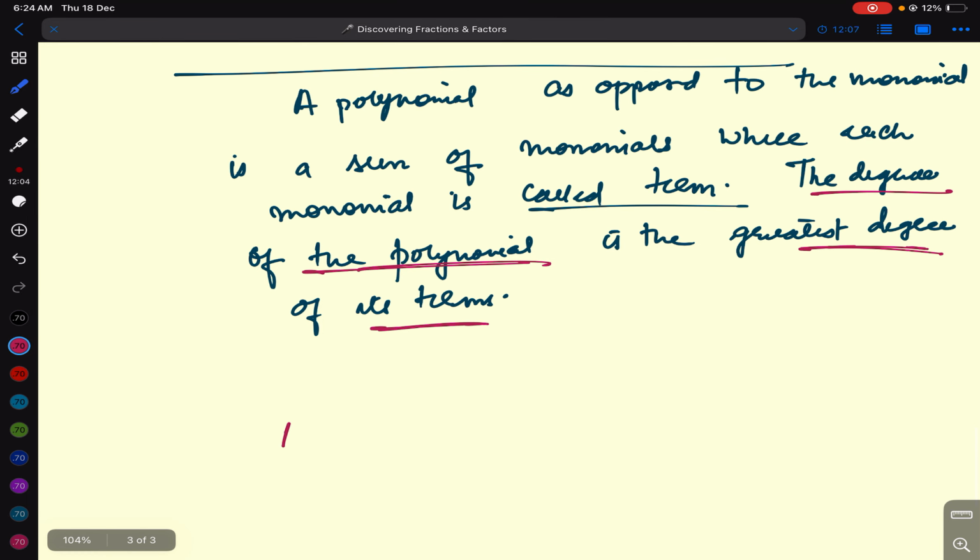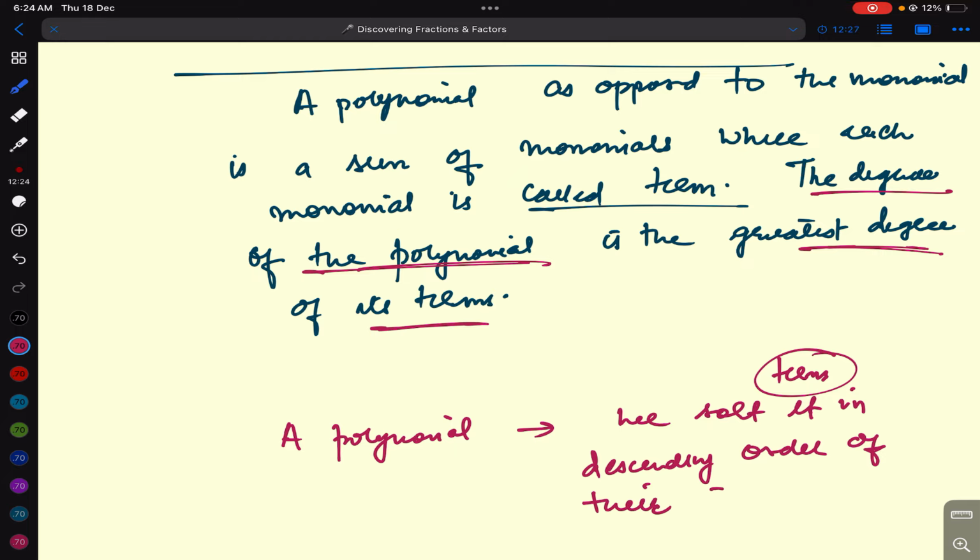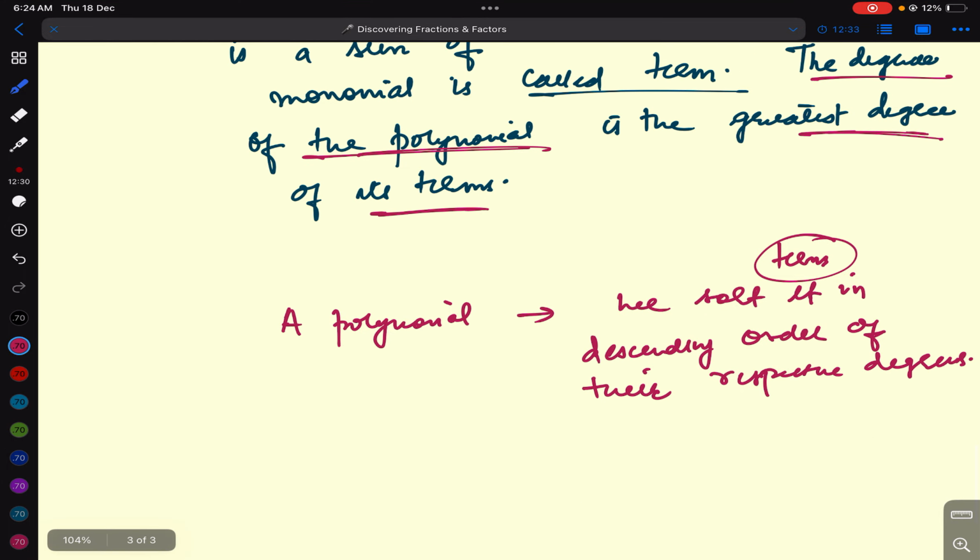Now when we write a polynomial, we sort the terms in descending order of the respective degrees. I'll give you an example for each of these, and that will make it more clear.